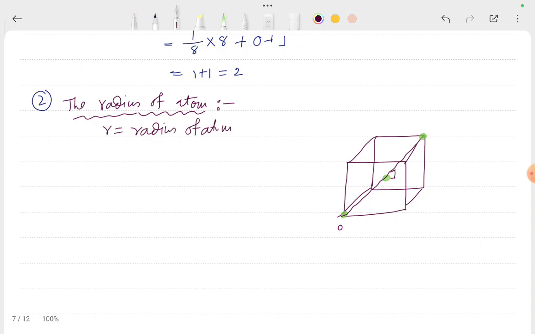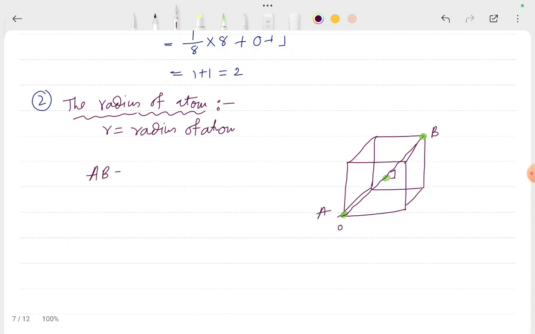Okay, as there are three atoms, so it's equal to r. So this distance is called AB.